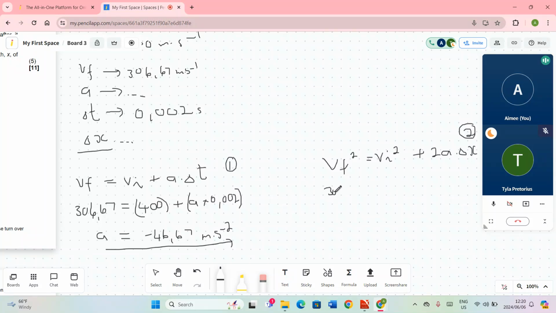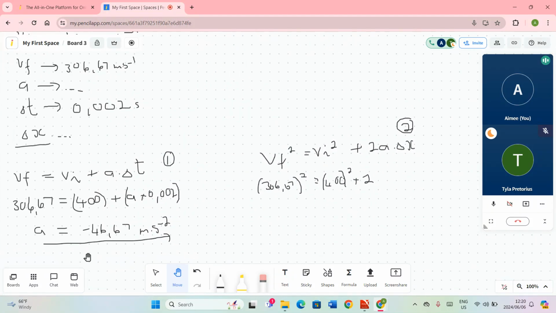And we just substitute exactly the same way. So we say 306.67 squared is equal to 400 squared, because that was my VI, plus 2 times, and now we substitute in the acceleration that we calculated in the previous question, which, like I said, is a negative.